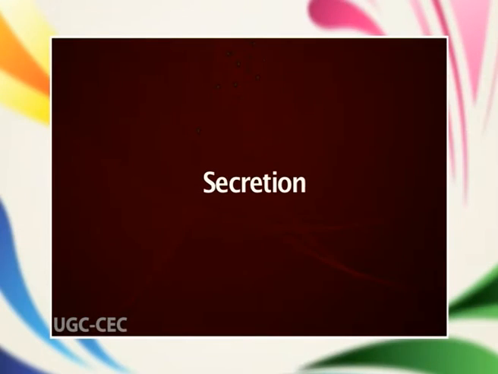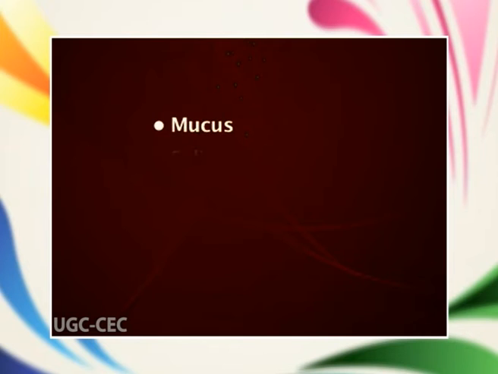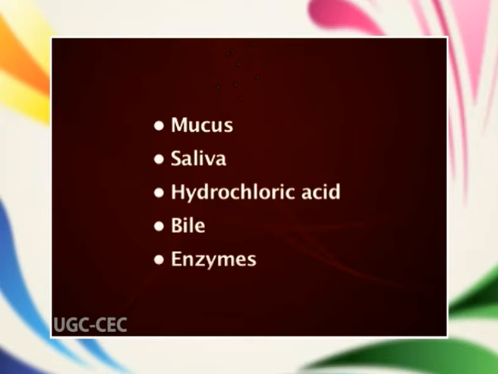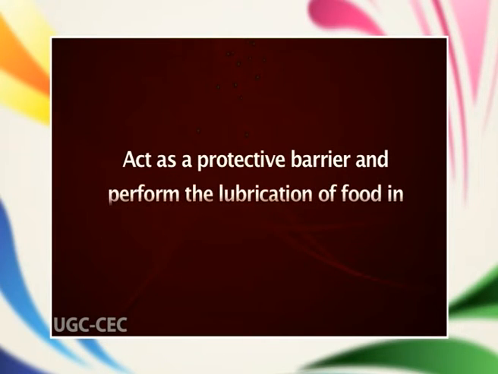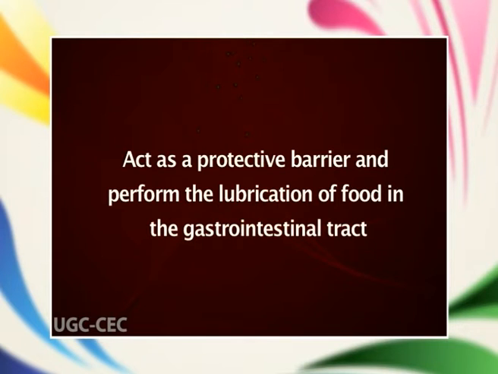The second one is secretion. It involves the discharge of various fluids which include mucus, saliva, hydrochloric acid, bile and various other digestive enzymes. The role of mucus is to act as a protective barrier and perform the lubrication of food in the gastrointestinal tract.